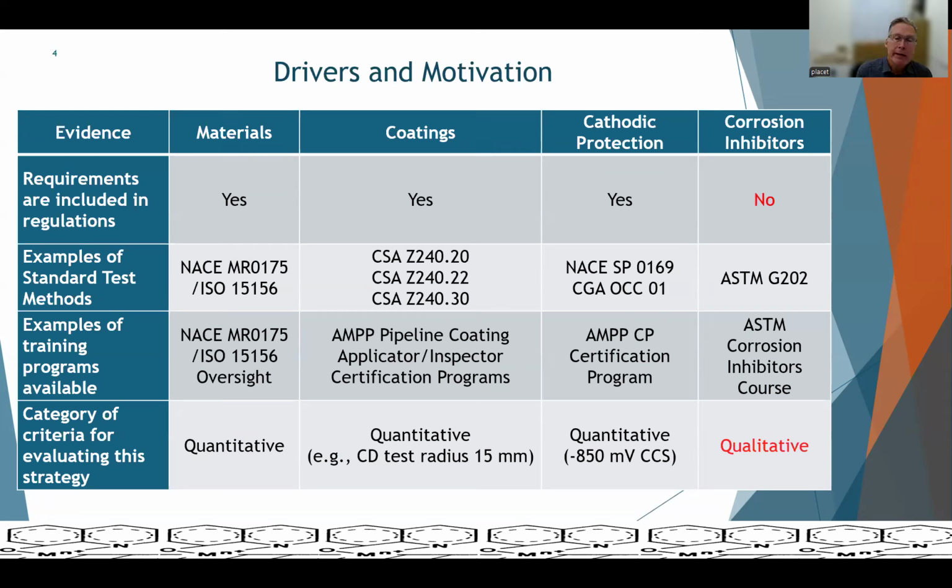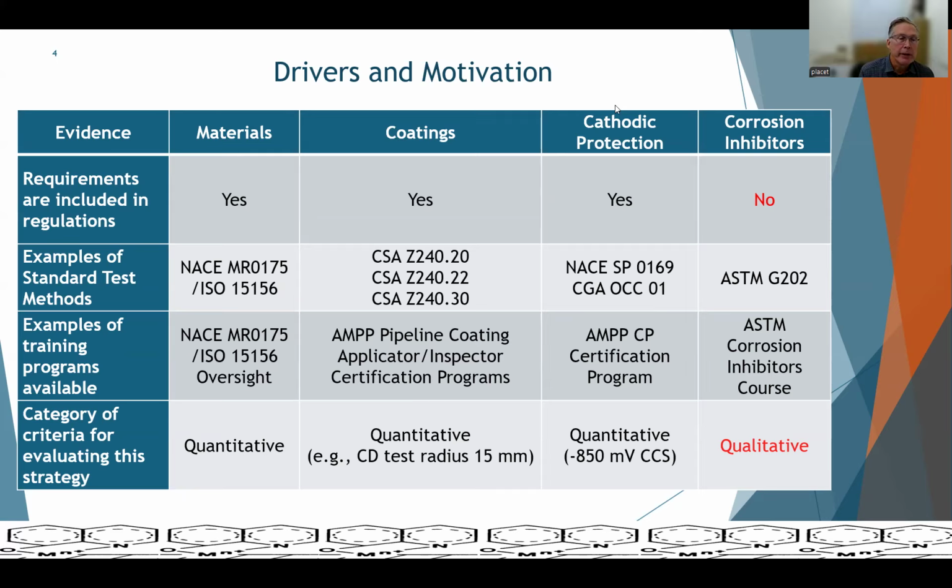And we're going to highlight just the difference, which is highlighted in red there on the slide. When we talk about materials, we've got established test methods that are well established. The pedigree is high.